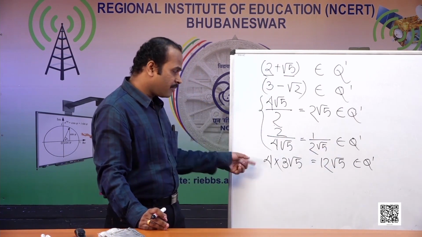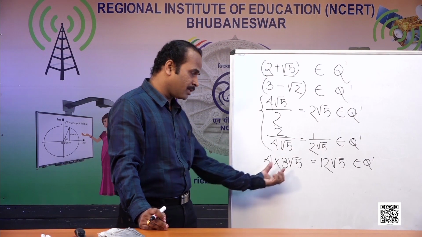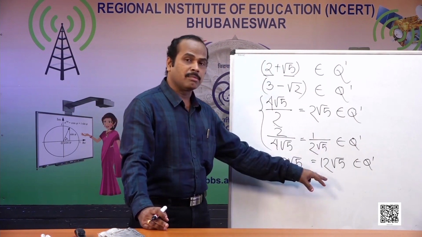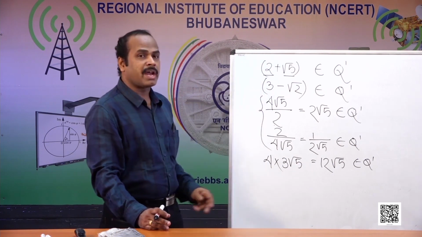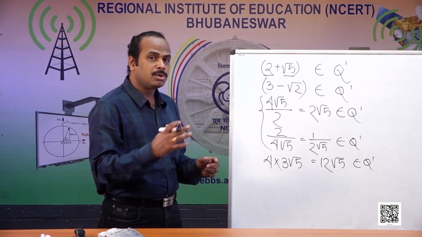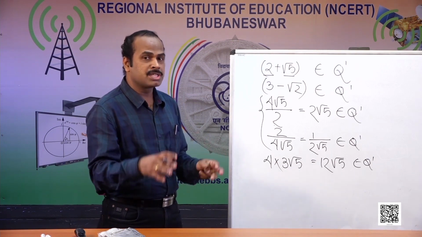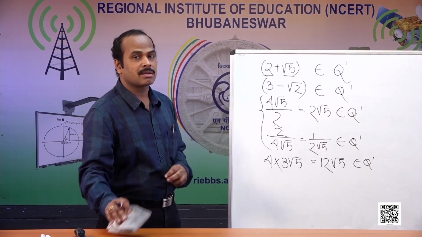When I multiplied 4 into 3 root 5, 4 is a rational number, 3 root 5 is an irrational number, and the product is again an irrational number. So in all these cases, when we operate two numbers, one rational and the other irrational, the result always comes out irrational.